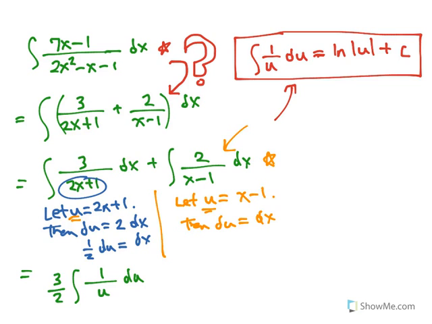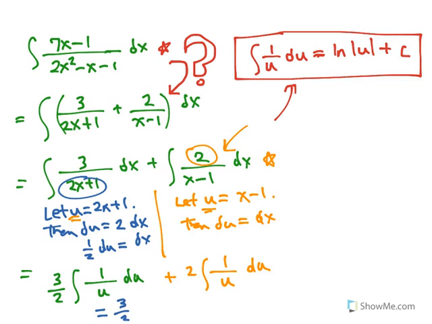So now you're able to change variables, and you will have, I factored out the 2 from the numerator, dx becomes du. So again, I'm just using different colors to help me distinguish between the two u's.